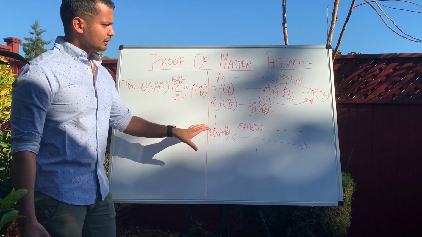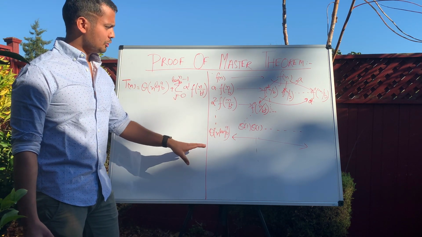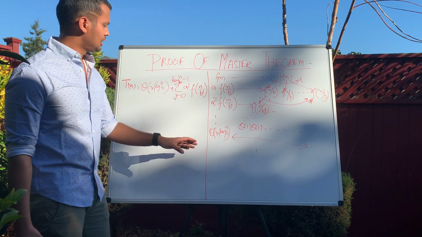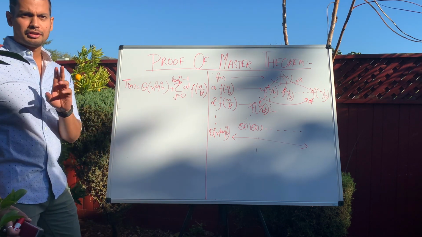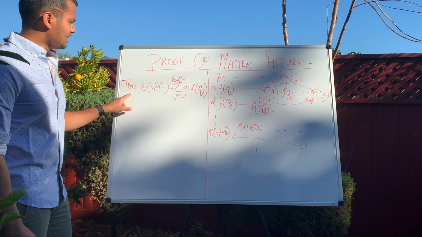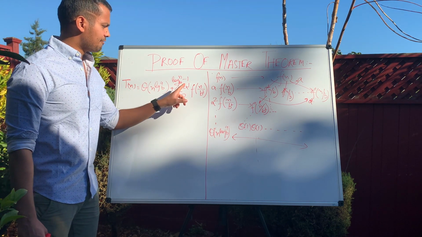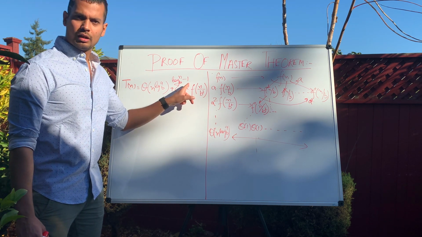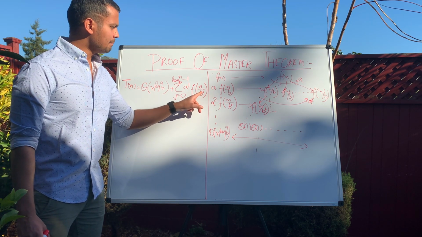So now our task is to calculate the summation of the number of such leaves, and that gives us our T(n), the function which we are trying to compute. So T(n) is equal to the summation of a power j f(n by b power j).